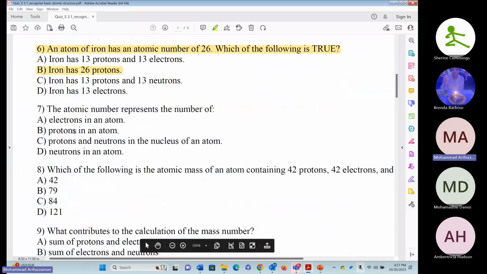The atomic number represents the number of, again the same question, because this is very important.